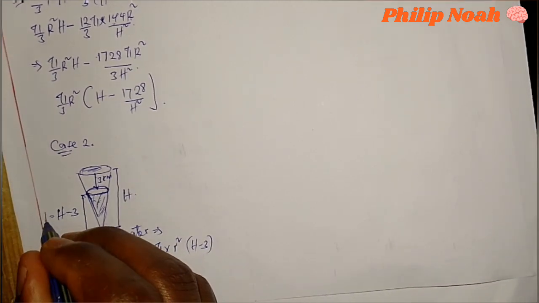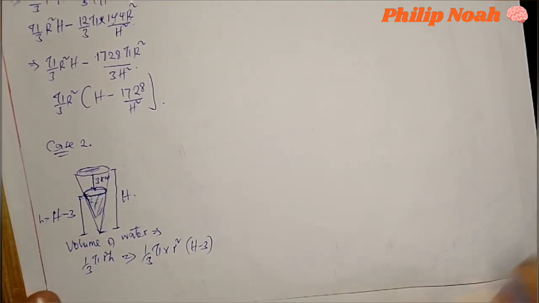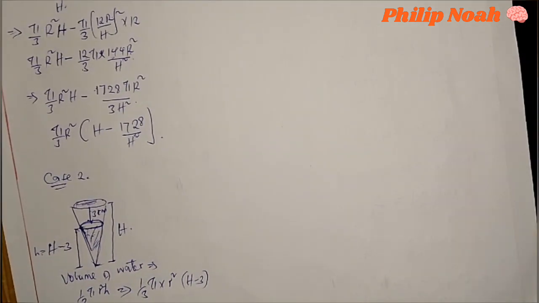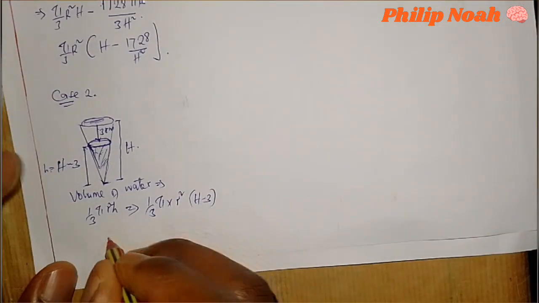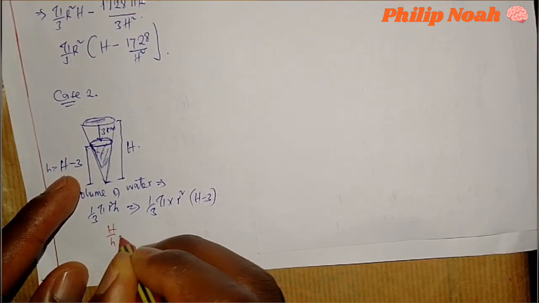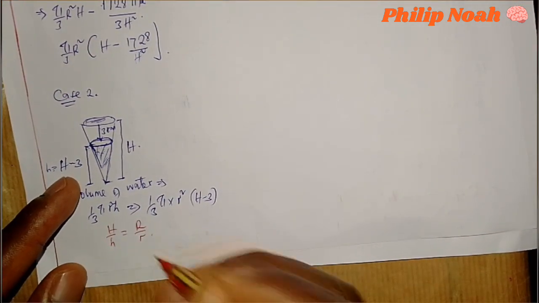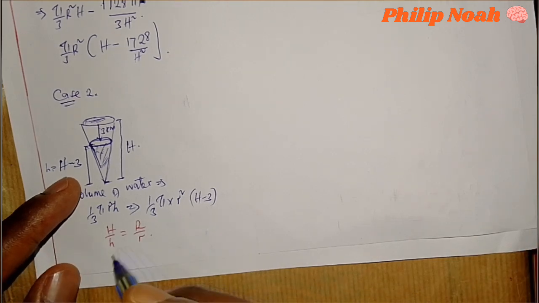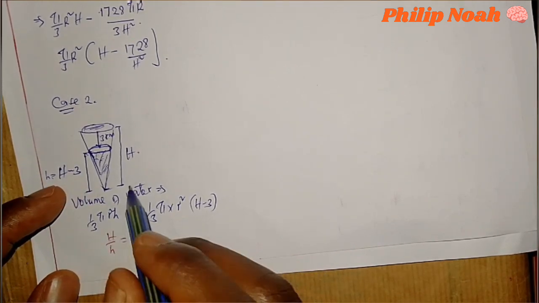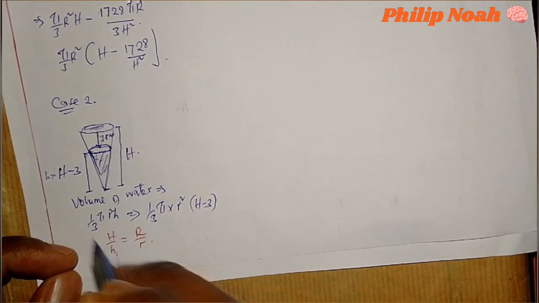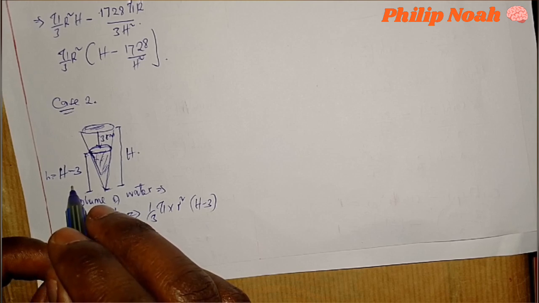Remember, this is equal to h. Also, we shall use this relation that h over H is equal to r over R. In this case, our H is h minus 3.